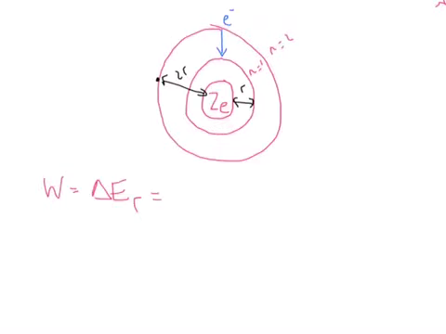So it's going to be the final potential energy minus the initial. So it's going to be EP2 minus EP1. I'll just show you, so it starts off at state 1 and it's going to state 2 here. So we need to be able to calculate what those energies are.